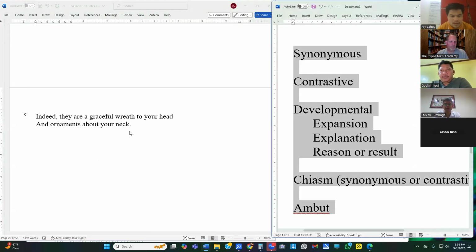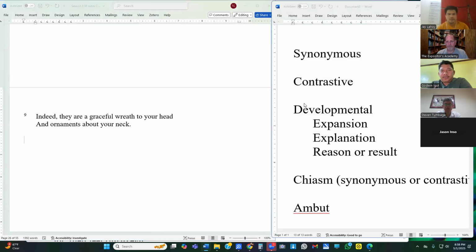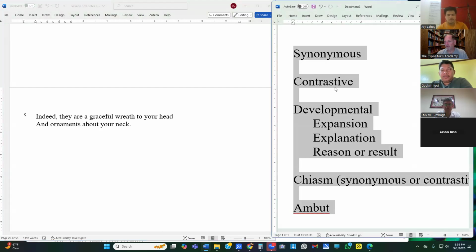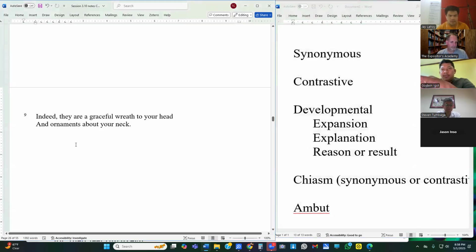And then which form of parallelism do you see here? I think, wait, indeed they are a graceful wreath to your head, ornaments about your neck. Somehow just like a synonymous, or yeah. So about your neck and wreath to your head.